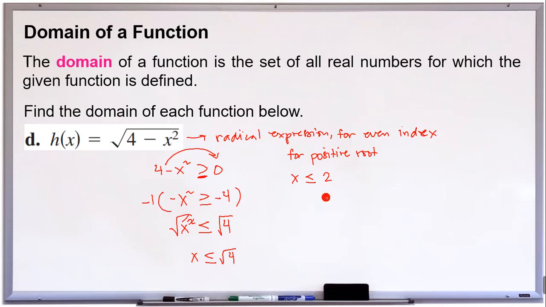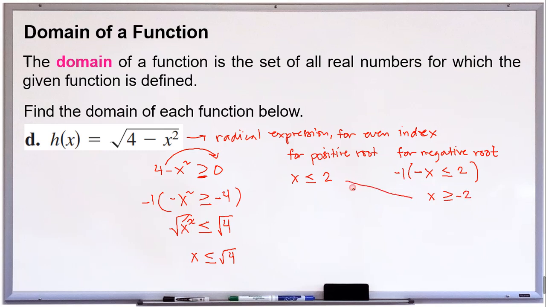For the negative root, that is negative x is less than or equal to 2. Then we're going to multiply negative on both sides. So you have x is greater than or equal to negative 2.